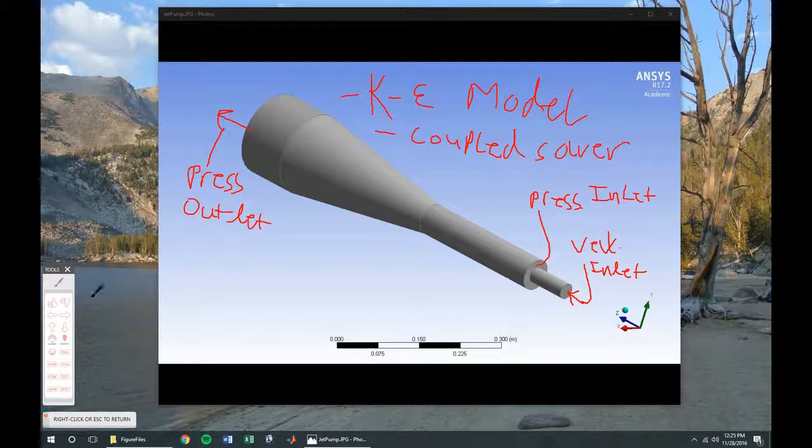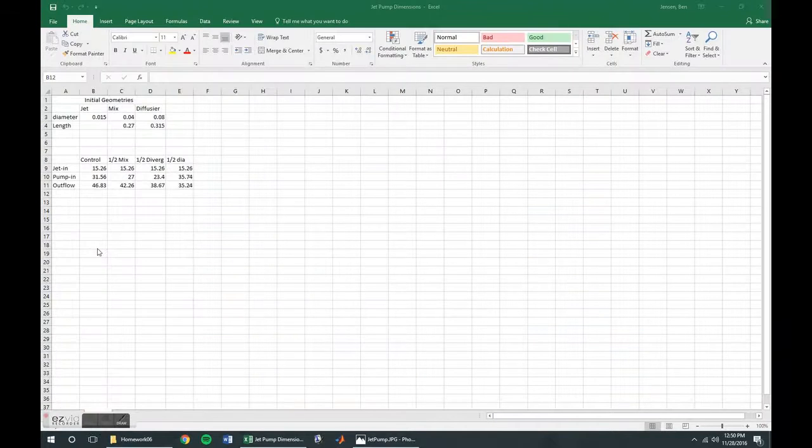These are the initial geometries that I used. I put these together for a quick baseline comparison that I could throw into Fluent and get a control flow through the jet pump. I came up with these numbers, and the control got 46 for the flow.